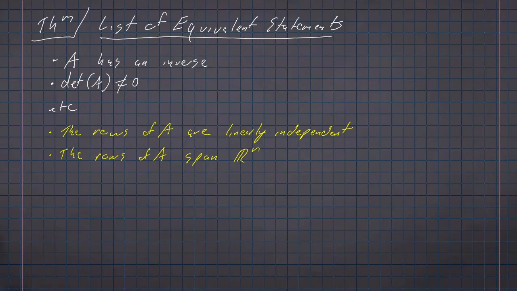The rows of A span Rn. So that makes a little bit more sense if I remind you that the list of equivalent statements works for an n by n square matrix. So there are n rows and n columns. Rows of A span Rn.